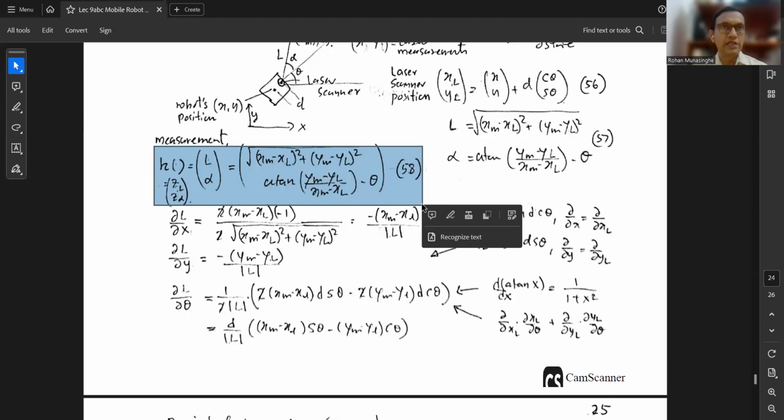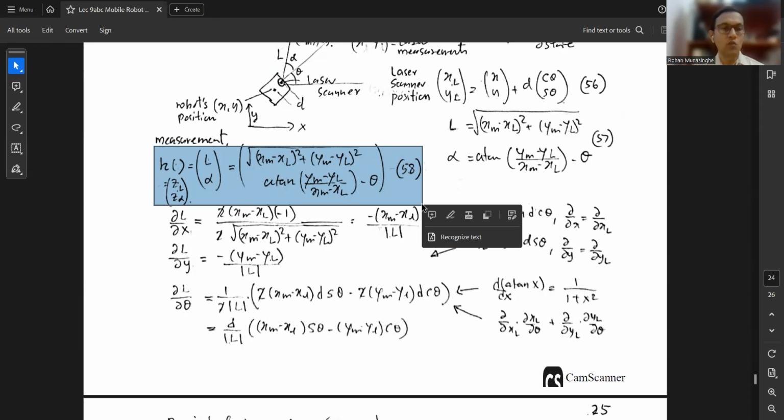Now you need to get the Jacobian of this one with respect to the state variables. The state variables are x, y, and theta. Entire story, right from the beginning, our state variables are x, y, and theta. Now we have two equations for the measurement, capital L and alpha. You differentiate these two equations partially with respect to state variables, right?